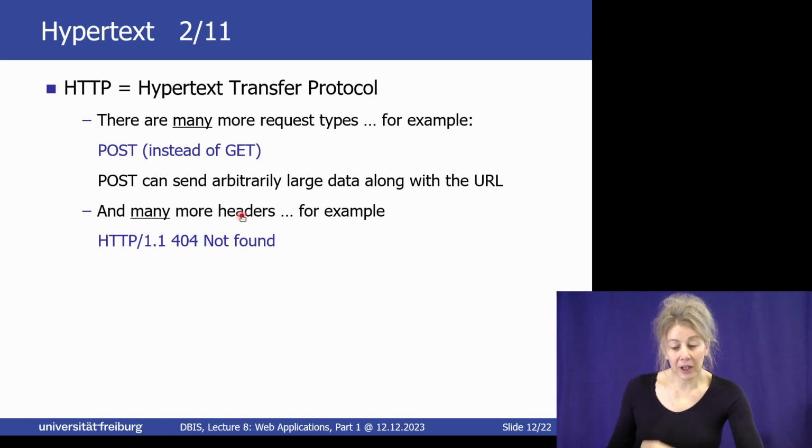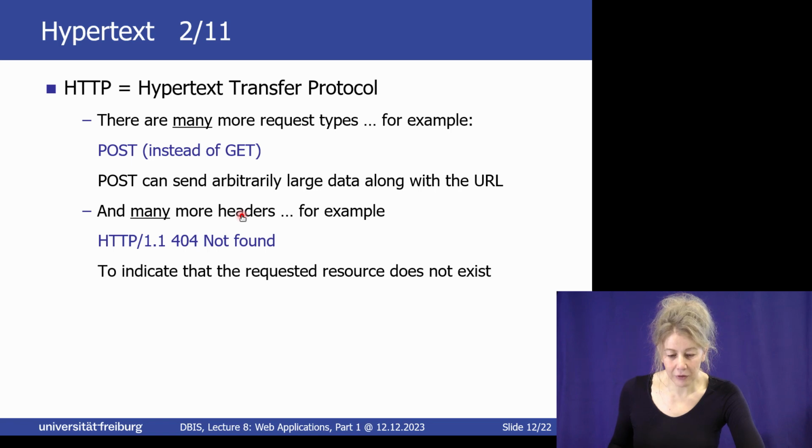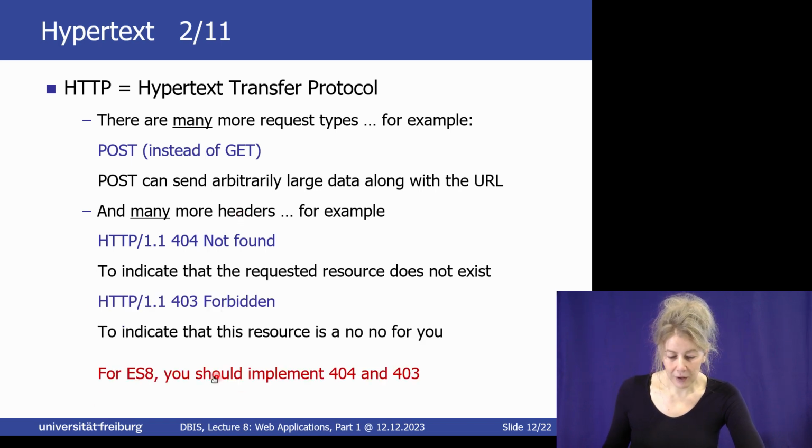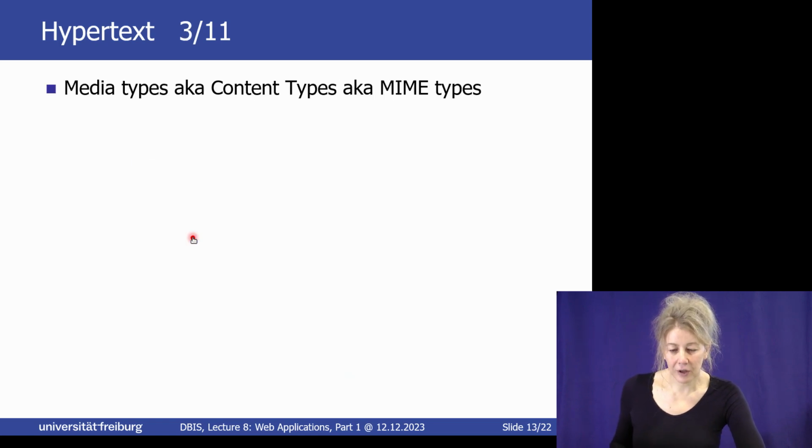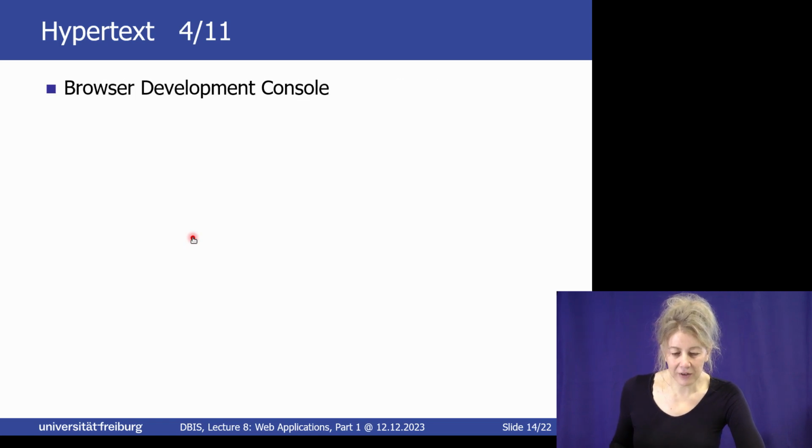Then there are many more headers for the result. So not found, for example; we just sent back 200, okay. Not found, forbidden, and so on. You should implement at least 404 and 403, and we will implement one of them in a second. We already had the media types.